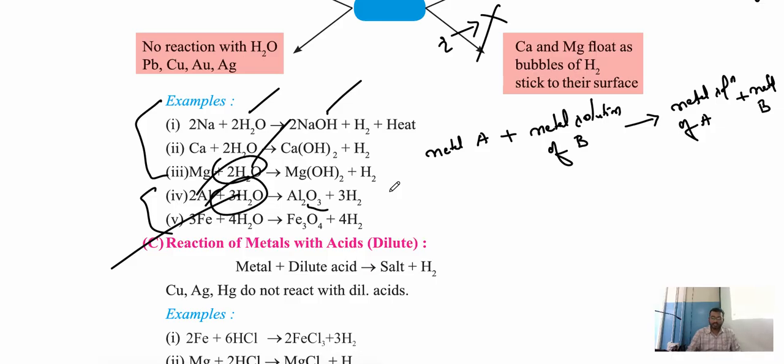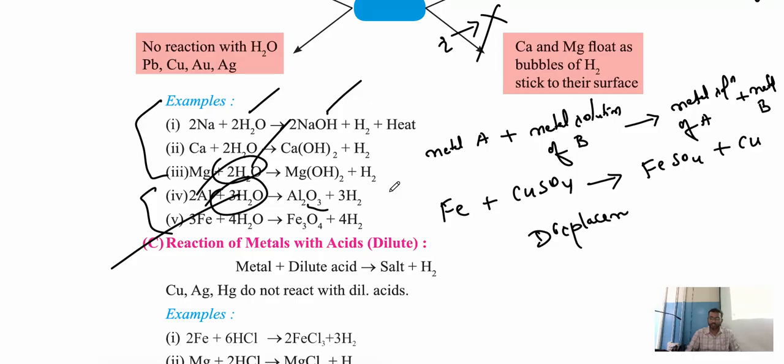For an example, metal A is iron. When iron reacts with copper sulfate, this is the metal solution of B, copper sulfate. It gives iron sulfate plus copper. So this reaction we call a displacement reaction.